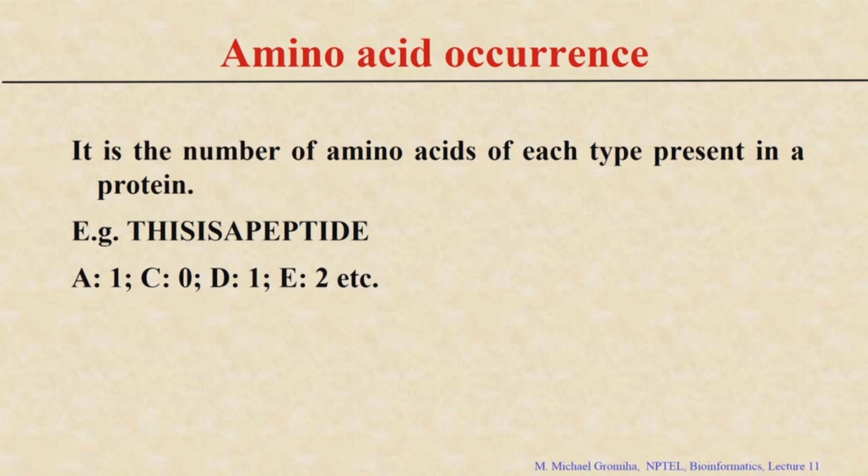How many times is A present in this peptide? Only once. How many times E? Twice, one here and one here. If you are given any sequence, you can get these numbers and then see whether they resemble anything. We will discuss that.